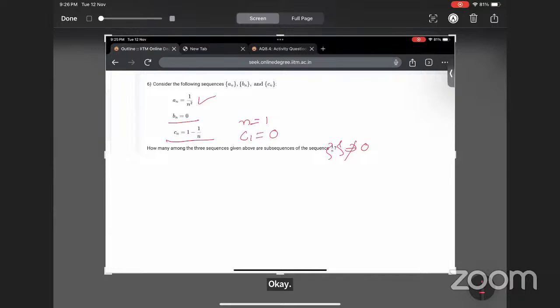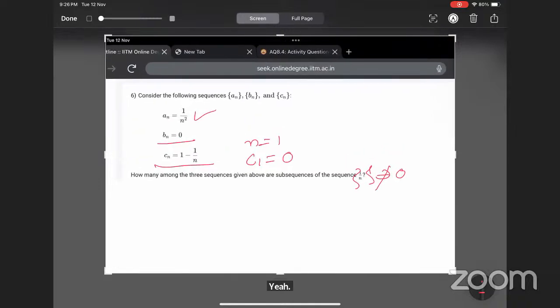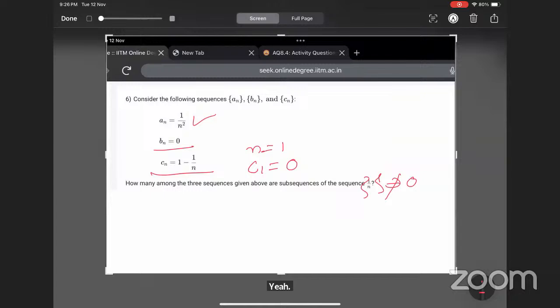Am I audible? Yes, ma'am. Can you repeat the one about cn? Why is the last one not a subsequence?